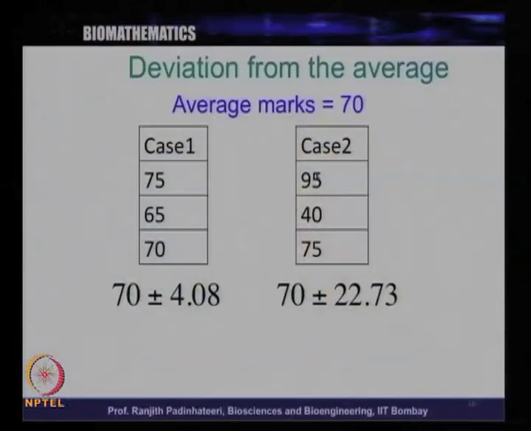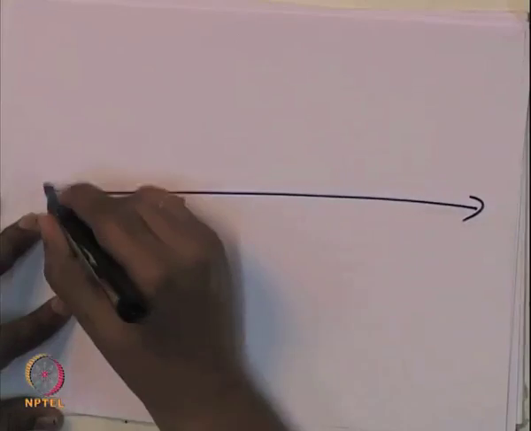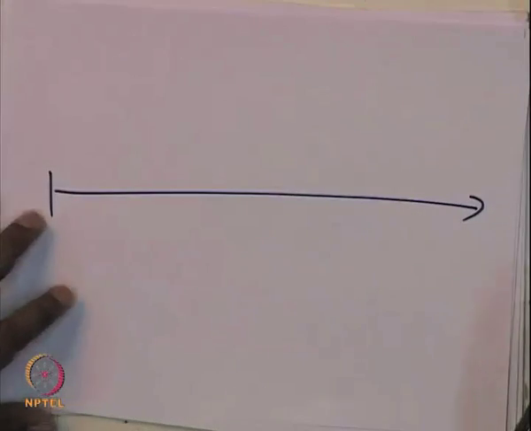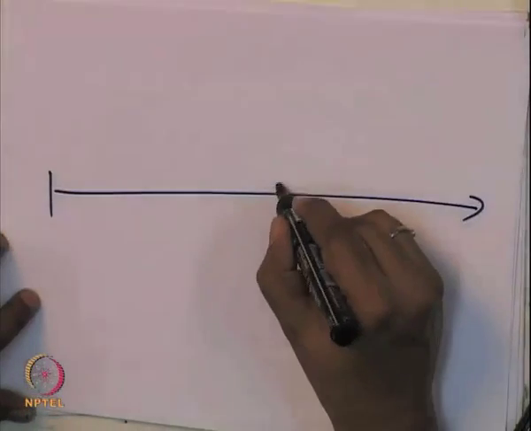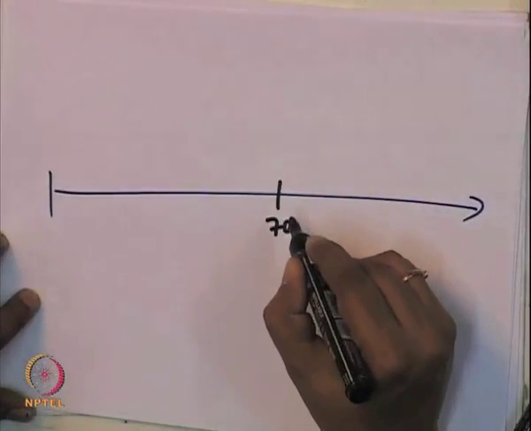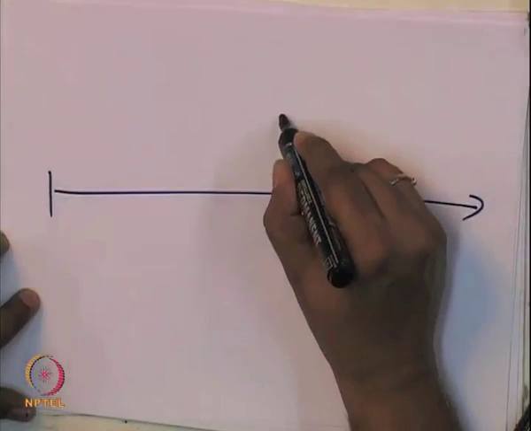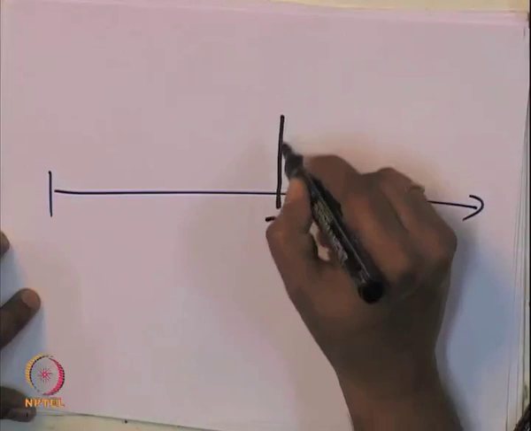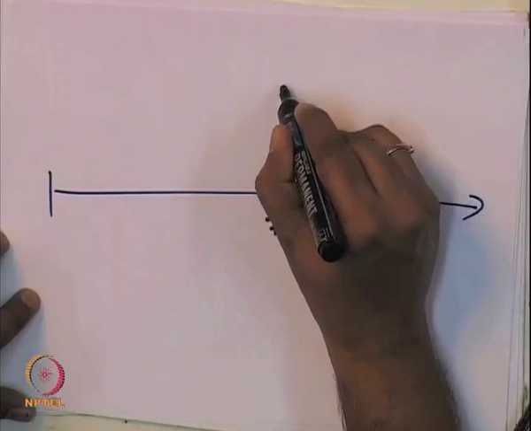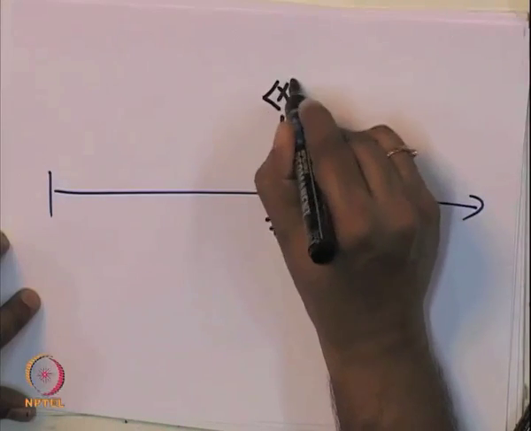So we had this example, look here, this is 95, 40, 75. Again, let us draw a line. This is 70, and this is the average mark, 70. This is the x average.